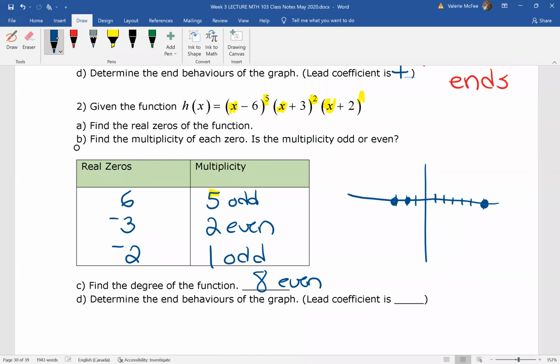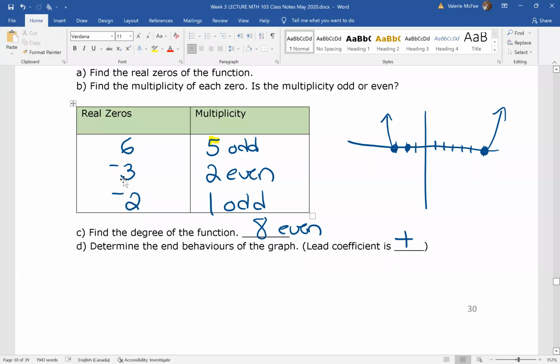It has a positive leading coefficient. That means both ends are rising from the outside. Make sure you're comfortable with the information we've got so far, and in the next lesson, we'll talk about how to use the multiplicity to finish graphing our polynomial function.